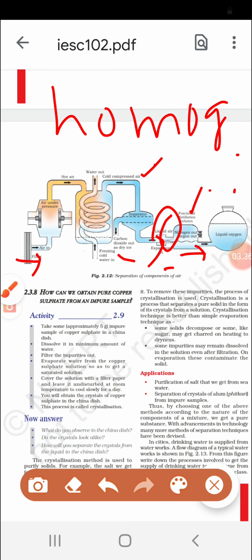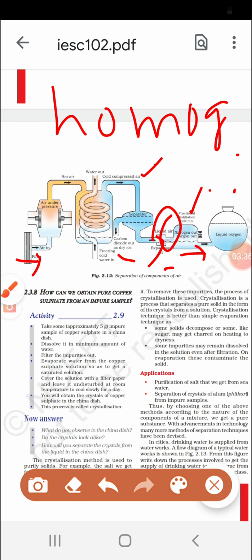Then liquid oxygen, which has a still higher boiling point, that is minus 183 degrees Celsius. So the liquid oxygen boils off and is collected as oxygen gas from the bottom of the fractionating column. This is the method by which we can separate the different gases from the air by fractional distillation.